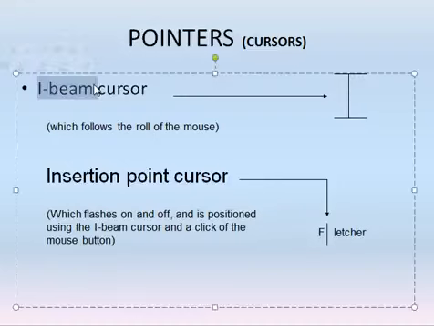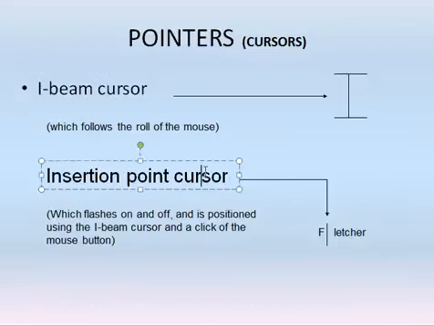So if I double click now, I'll be able to make any changes which I want under this text object. Then there is the insertion point cursor. So once I have clicked it, there is this insertion point, so I know that I can make any changes using this insertion cursor.